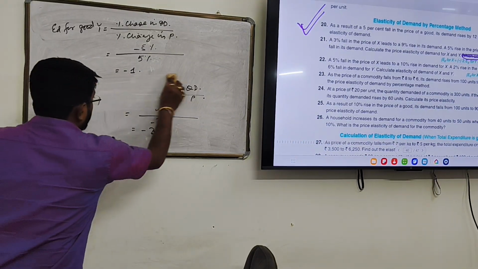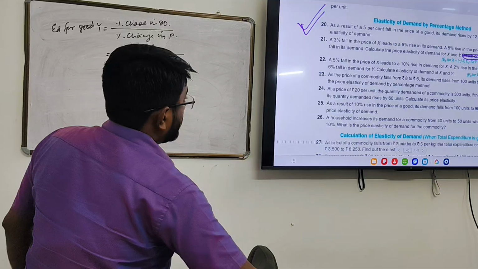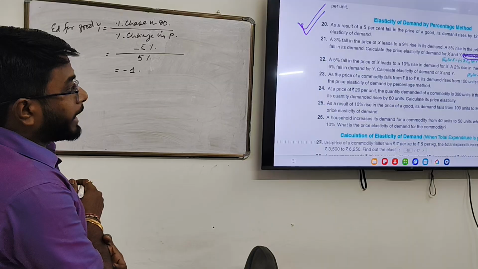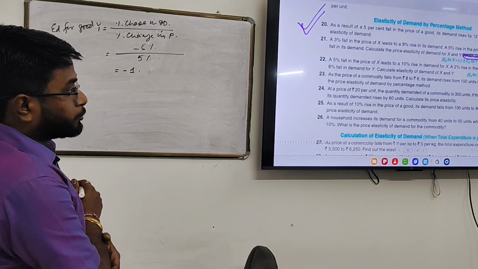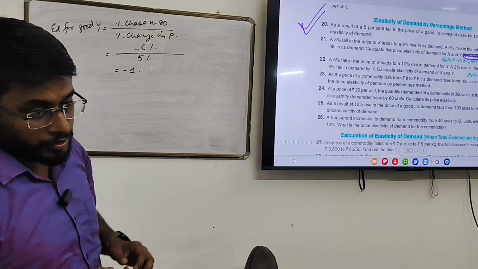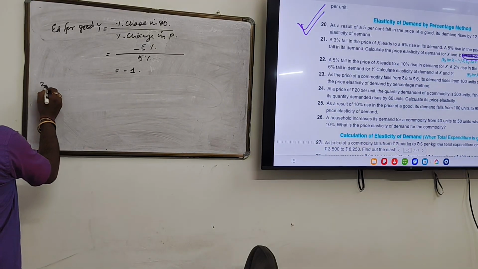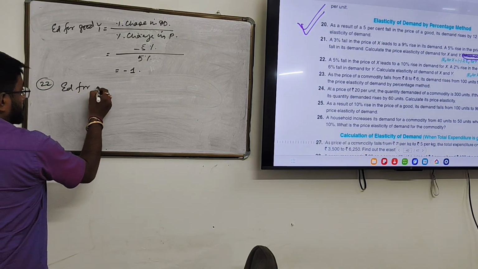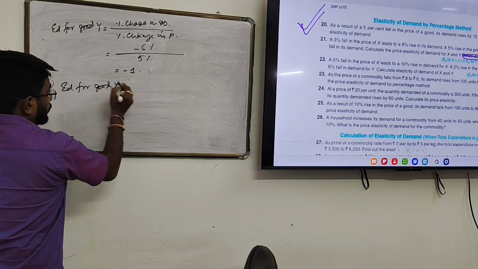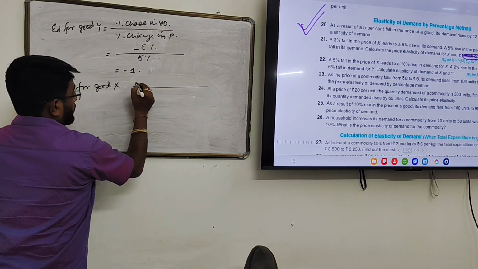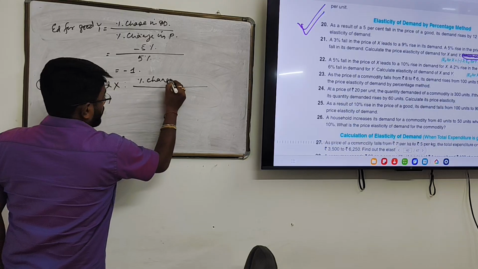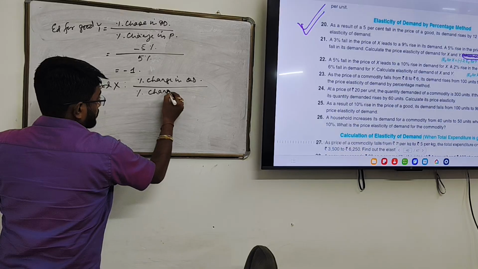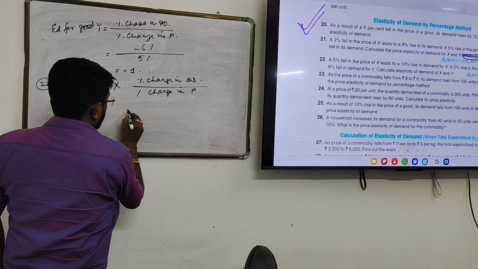Let's move to question number 22. A 5% fall in the price of good X leads to a 10% rise in demand. Again in 22 we are having two questions, isn't it? So in 22, calculate elasticity of demand. So we write ED for good X, which is equal to percentage change in QD divided by percentage change in price.